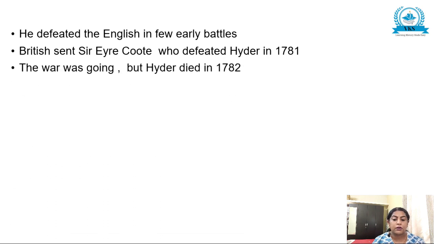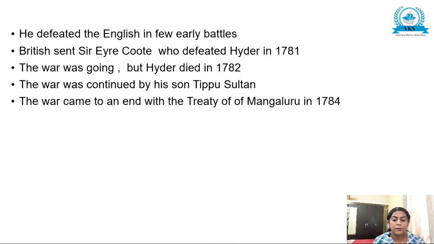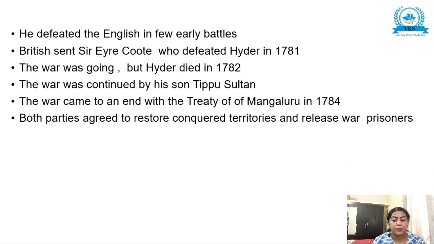The war was going on, but Hyder died in 1782 and the war was continued by his son Tipu Sultan. So this is where Tipu Sultan joined the Second Anglo-Mysore War. The war came to an end with the Treaty of Mangalore in 1784. Both parties agreed to restore conquered territories and release war prisoners.